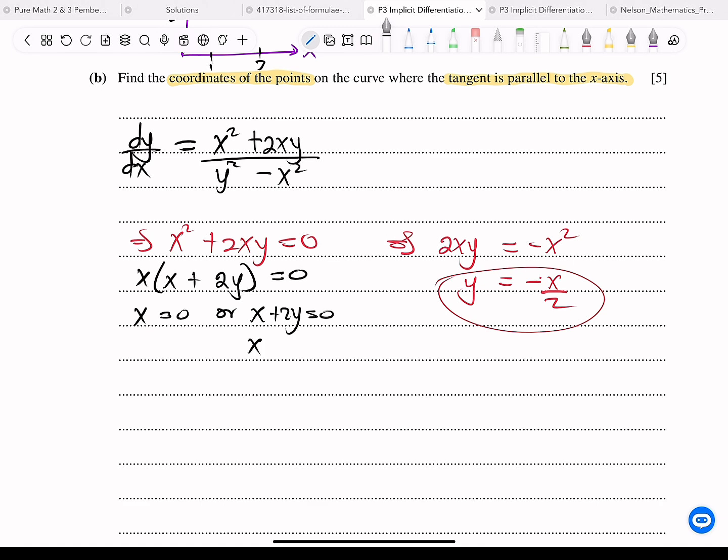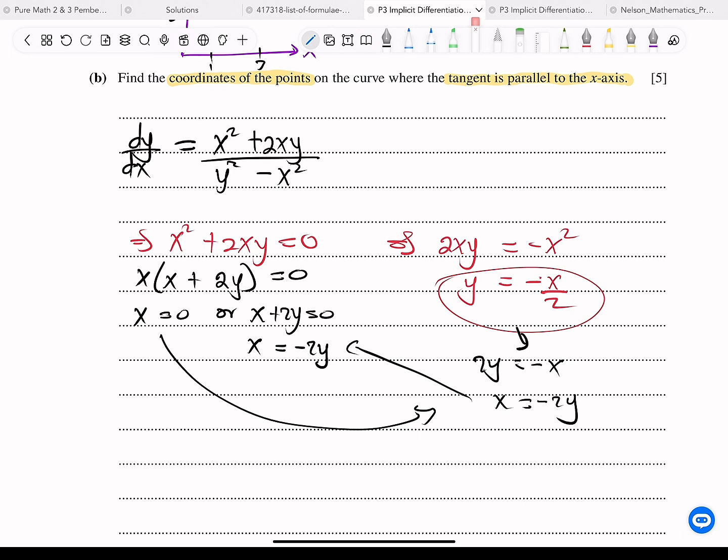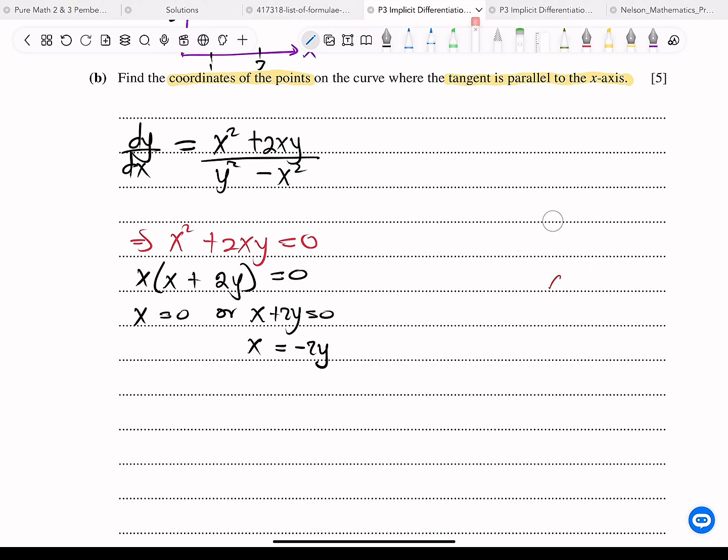If I choose to make x the subject, I'll get negative 2y, just like the way I got here. But the point is, where is your x equals 0 here? It's not there. So you lose some marks, and that's what I'm saying. Do not be quick to divide through by something, rather factor, it helps a lot.